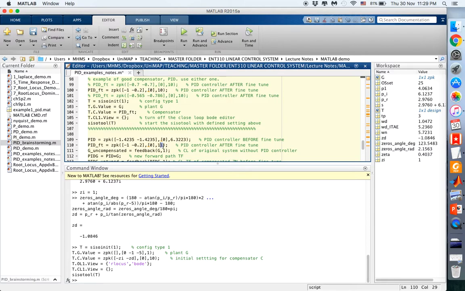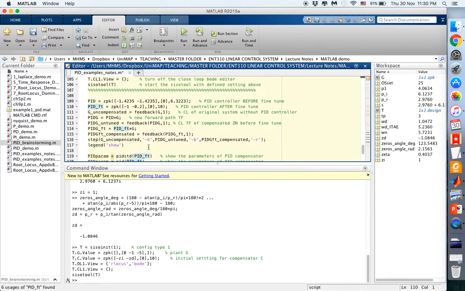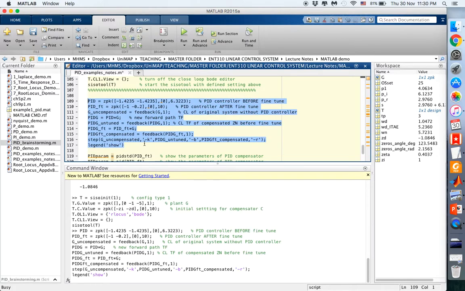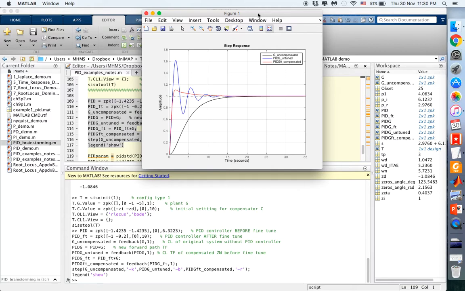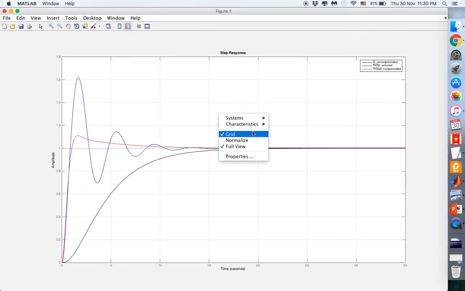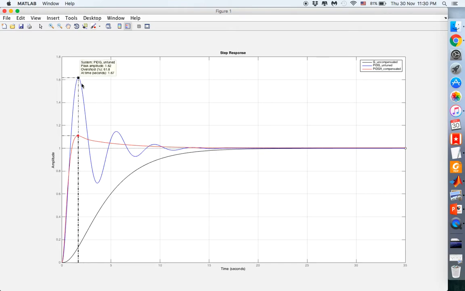Now try to check the step response for the compensated and uncompensated system. This is the first one that we used, the Ziegler-Nichols second tuning method, and this is the compensated system that we have just made.